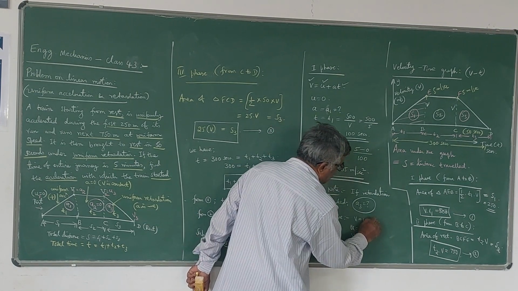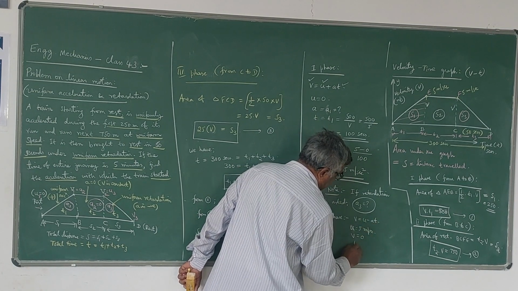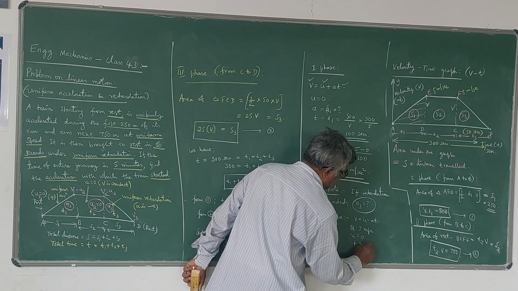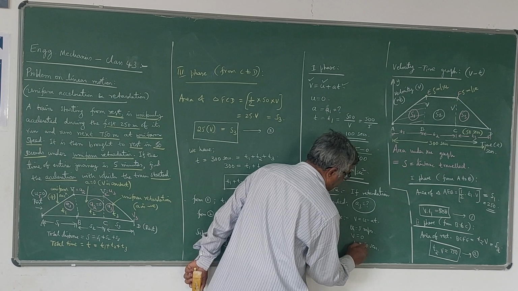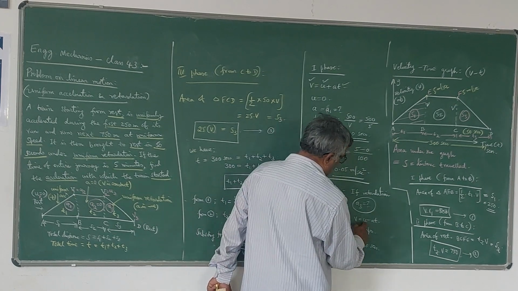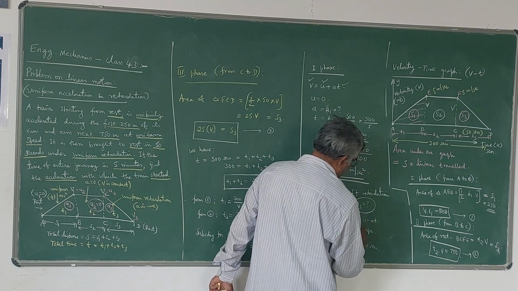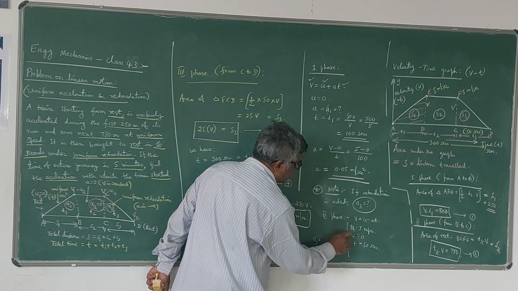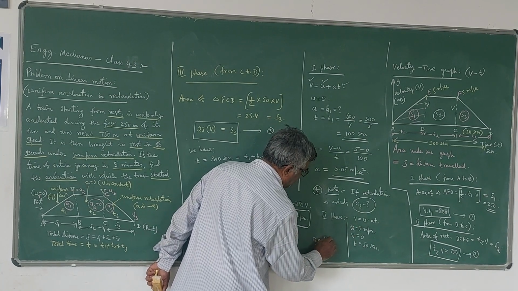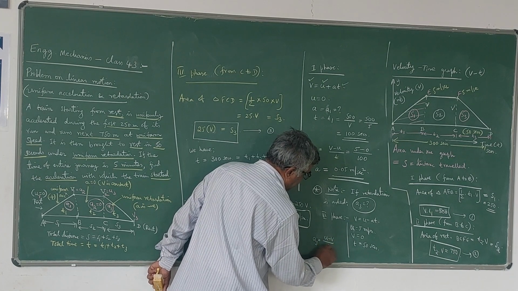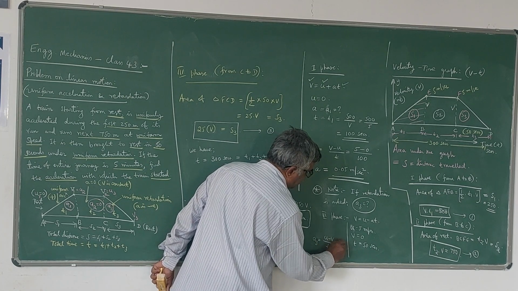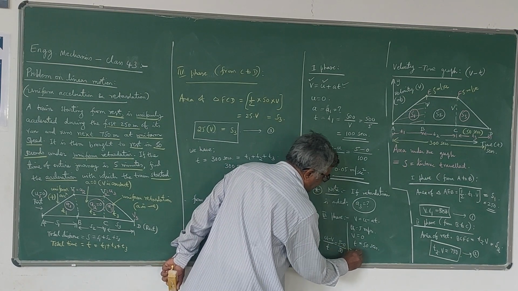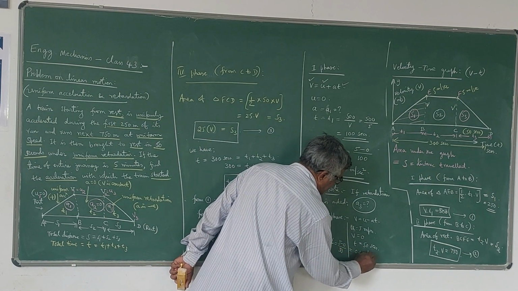So here he has asked this A. So what is the time? Time he has given. It is 50 seconds. For the third phase, time is 50 seconds. Now U is known, V is known, T is known. We can find out the retardation A3 as U minus V divided by t, which is nothing but 5 minus 0 divided by 50, which comes out to be 0.1 meter per second square.